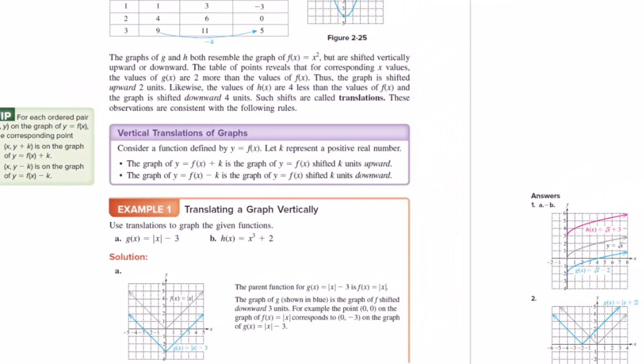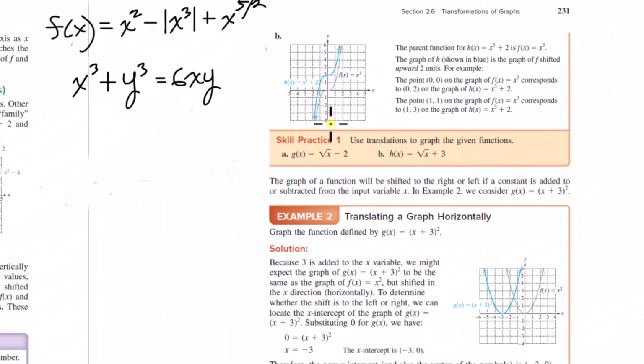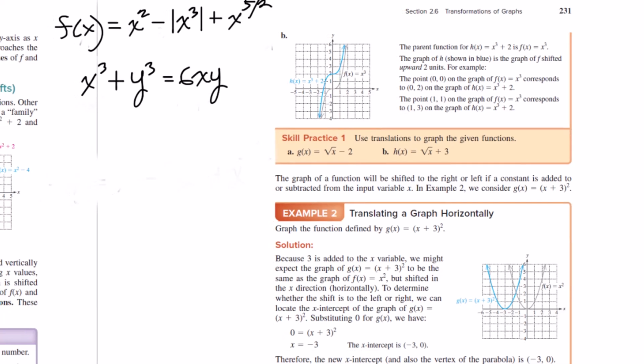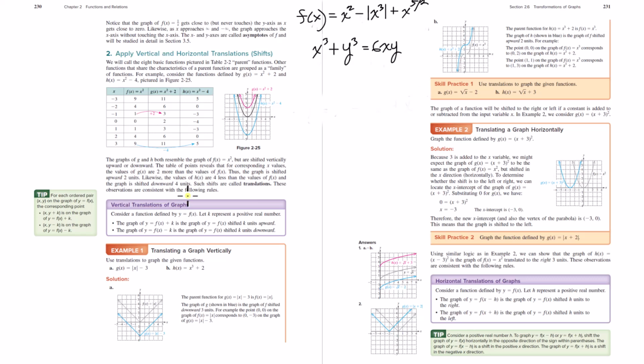It shifts the graph of x cubed up 2 units. Okay, so that's our first transformation, a vertical shift. You could take a basic function or relation that has a graph and shift that graph vertically, up or down. Just a pure shift. It's like rigid body. The shape of the graph doesn't change at all, just a shift.